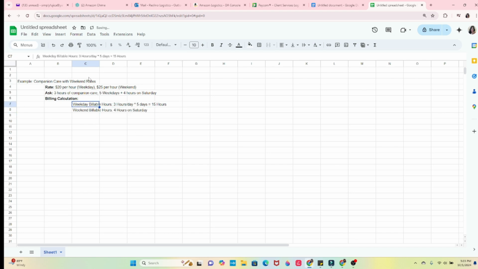So what that looks like, and I'm just going to bold this out so you all can see what I'm doing here. Remember we talked about this when we did the invoice, what makes it more digestible for the customer?